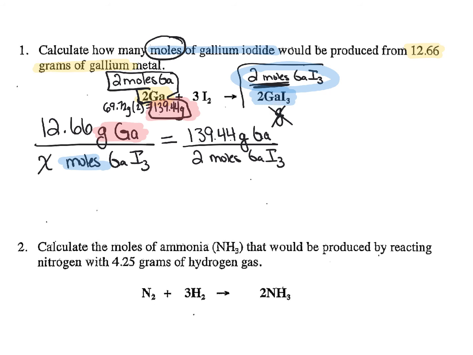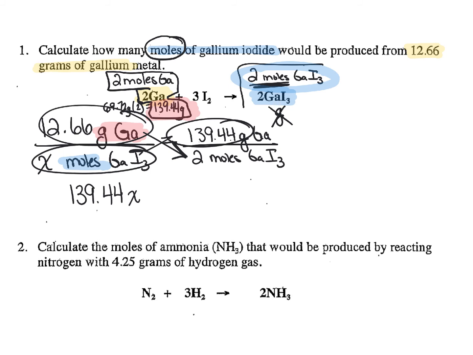The right side is the information from my balanced equation. So if I cross multiply these to solve, I'm going to do 12.66 times 2, and then I'm going to set that equal to my 139.44x, because we're going to multiply this times this. We're going to cross multiply.